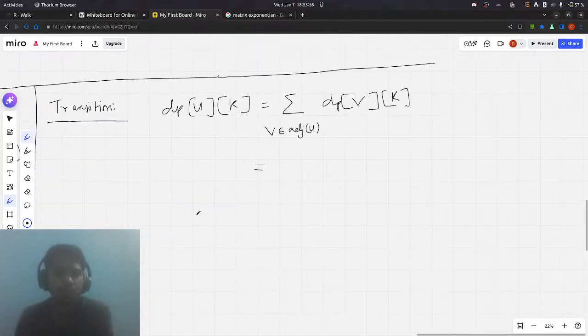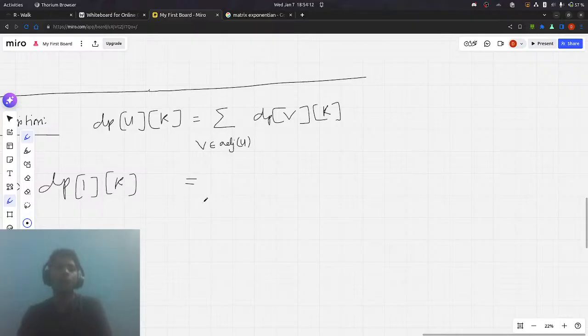Suppose we want to calculate dp 1 with length k. We'll check all the adjacent vertices of 1. How can we check that? From the adjacency matrix only. In the matrix, if we have 1, that means there is a connection. If we have 0, that means there is no connection.